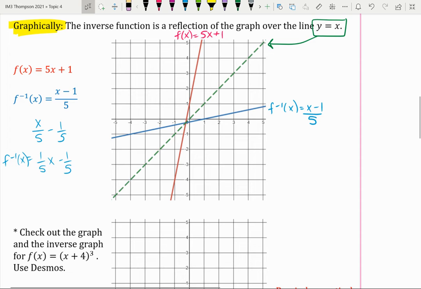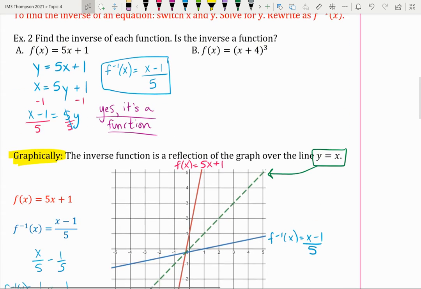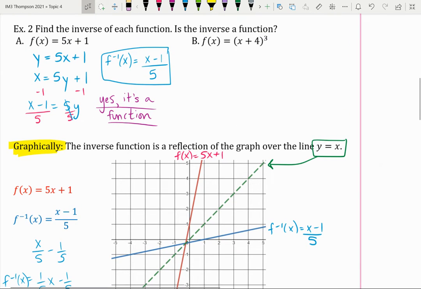I'm going to scroll back up to do example B, and then we'll come back to graphing. Example B, f of x is equal to parentheses x plus 4 and parentheses all cubed. So my steps, I'm going to replace f of x with y.